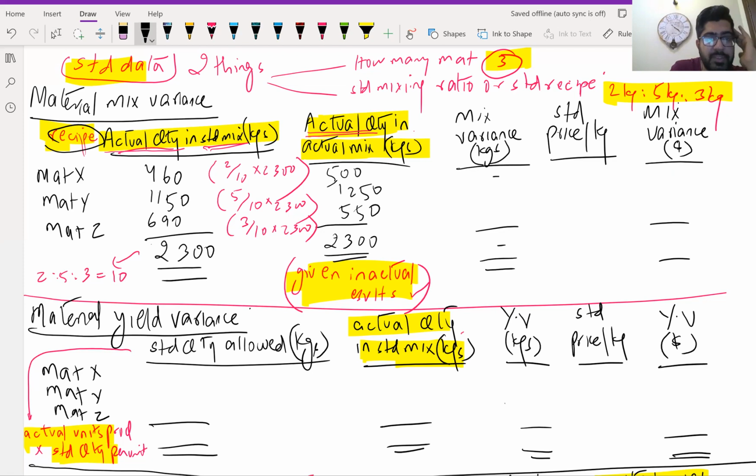So the standard mix recipe states X 460, you input 40 more, adverse. Recipe states 1150 for Y, you input 1250, 100 adverse. For Z the recipe states 690, you input less, 140 favorable. See, net off: 40 adverse, 100 adverse, 140 favorable, net off 0.